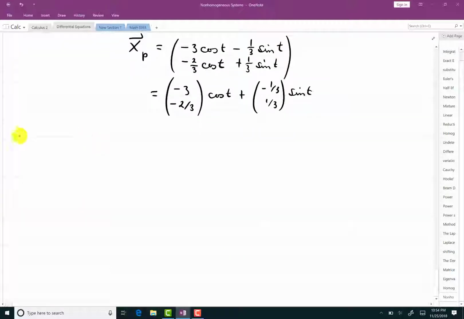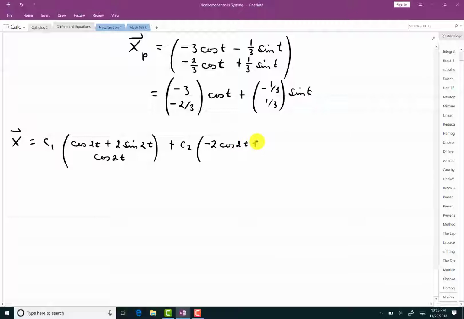So our complete solution then, x, will equal, we had c1 times cosine of 2t plus 2 sine of 2t, cosine of 2t, plus c2 times negative 2 cosine of 2t plus sine of 2t, then I had a sine of 2t, and then plus this thing.